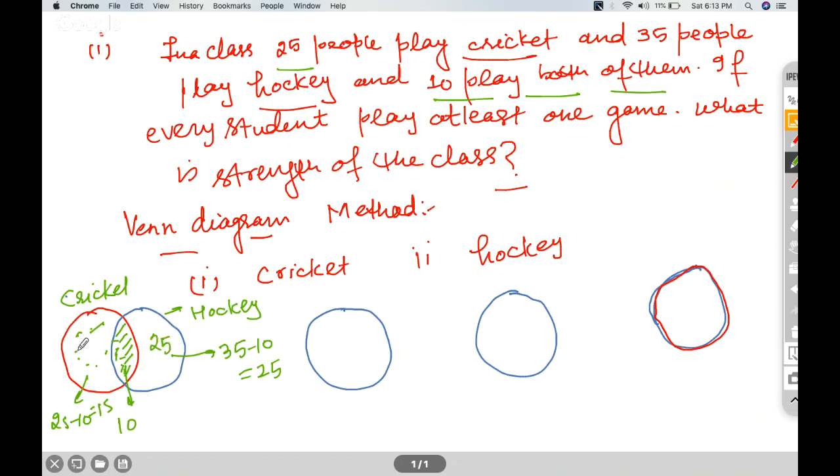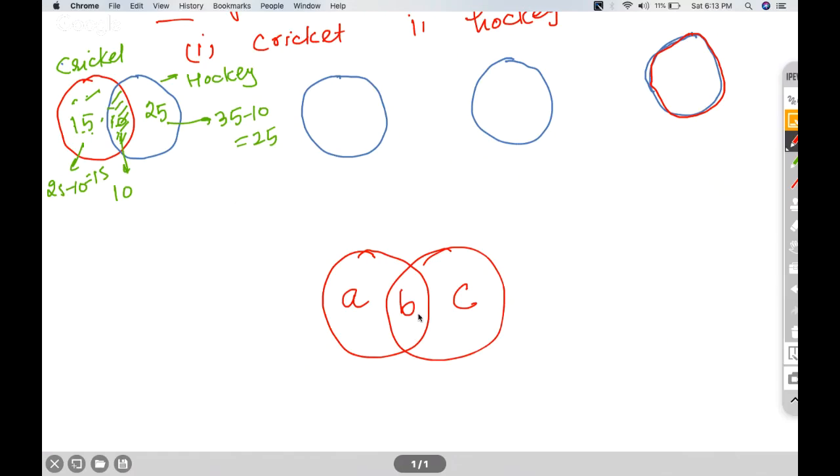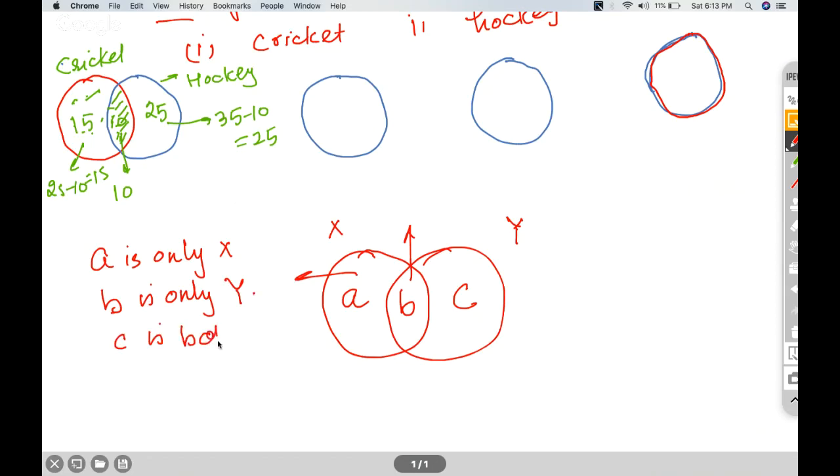When I draw two intersecting circles, I have three parts: A, B, C. B is common to both of them. Suppose this is the x variable and this is the y variable, so A is only x, C is only y, and B is both x and y.